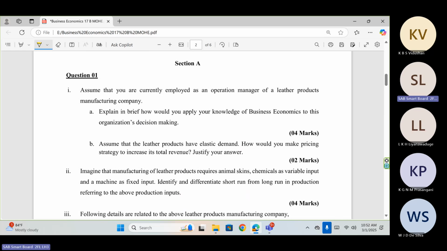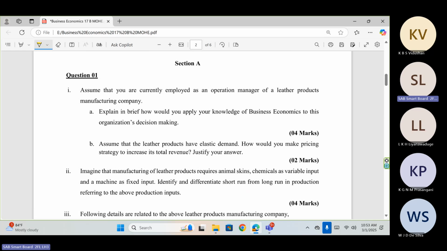How can you write an answer for this? When writing that answer, you should write down decision making, different decisions. You have to pick some decisions that are related to your organization. So I will tell you two very easy decisions.